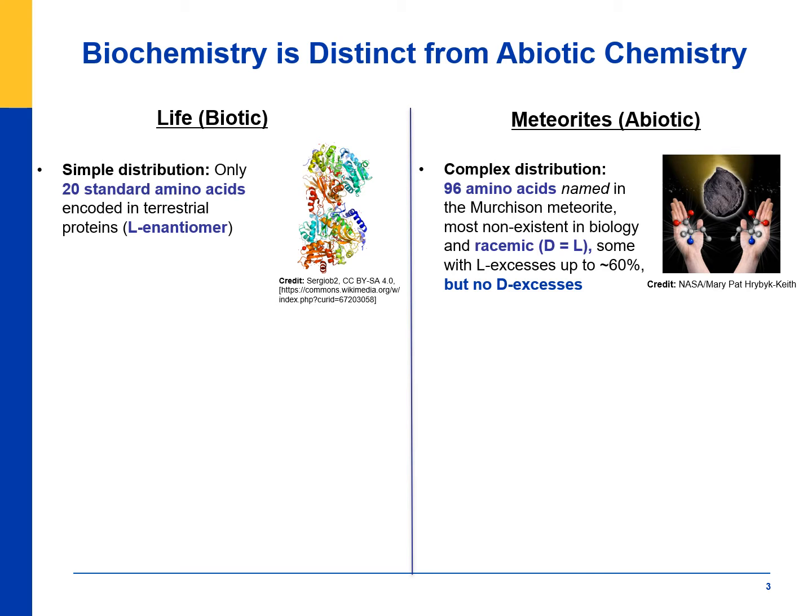In contrast to biology, meteorites contain a much more complex distribution of amino acids. 96 amino acids have actually been named in the Murchison meteorite. This sample is actually believed to contain hundreds of different amino acids. Most are non-existent in biology, and they contain racemic mixtures, that is, equal mixtures of the left and right-handed forms.